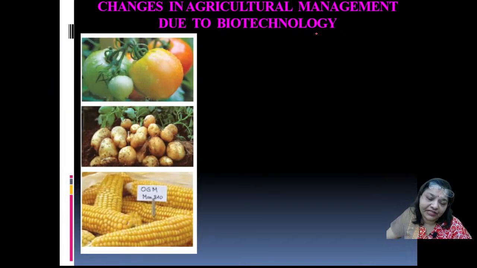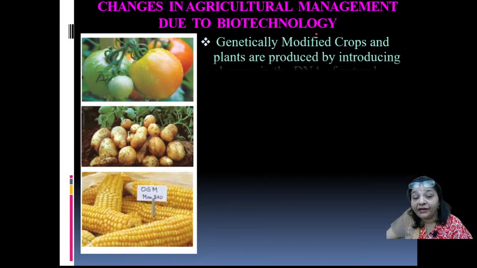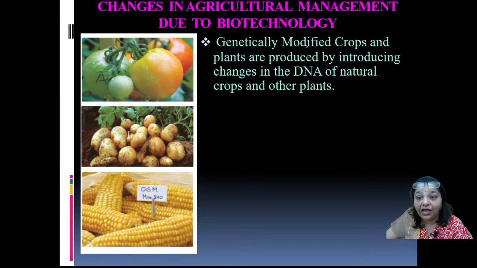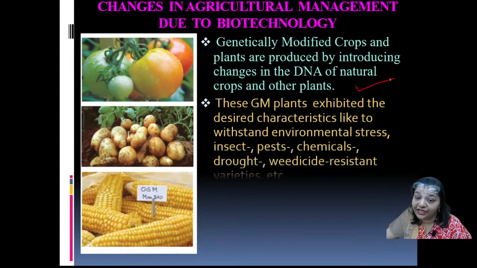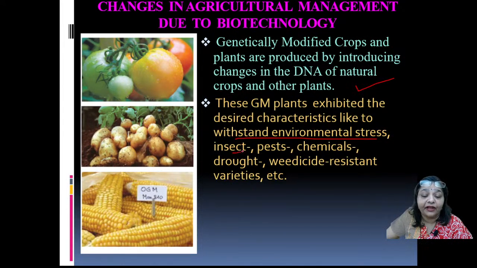Now, we just learned how genetically modified crops are being developed, okay, by introducing changes in the DNA of natural crops and other plants. These GM plants, or transgenic plants, exhibit desired characteristics like withstanding environmental stress, being insect resistant, pest resistant, chemical fertilizer resistant, drought resistant, weedicide resistant, okay.